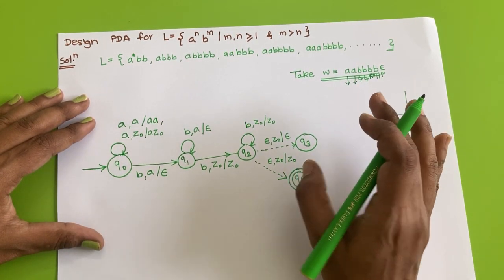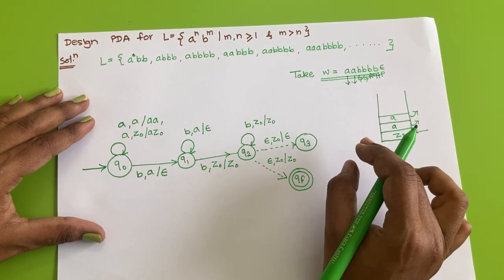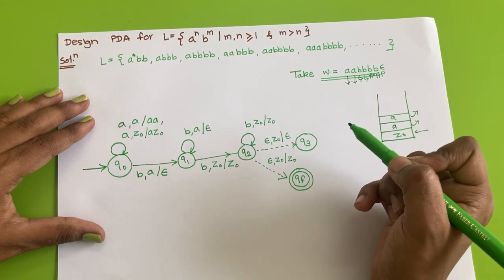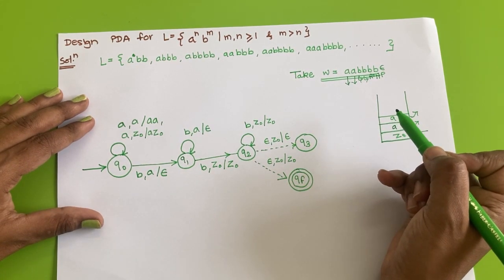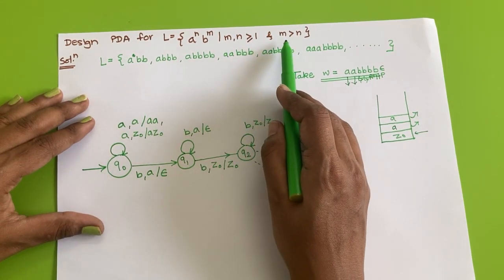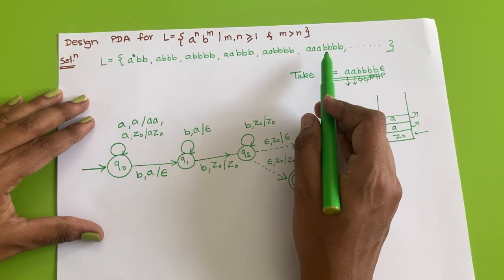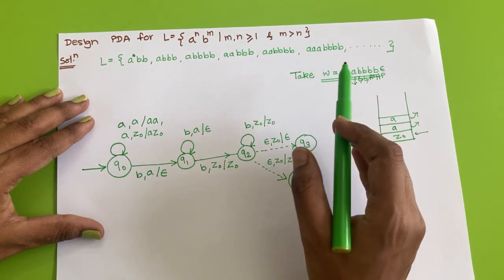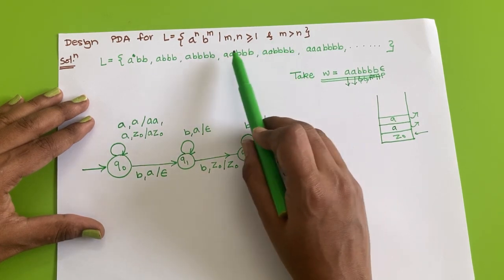We just want the number of B's to be more than the number of A's, so there should be at least one extra B. They have not provided a condition that we should have 2 extra B's or 3 extra B's.